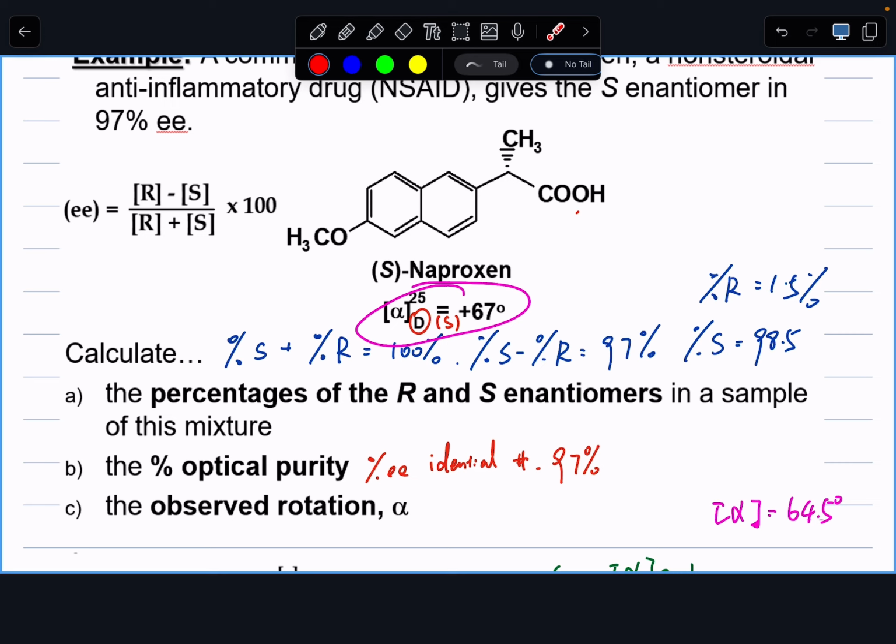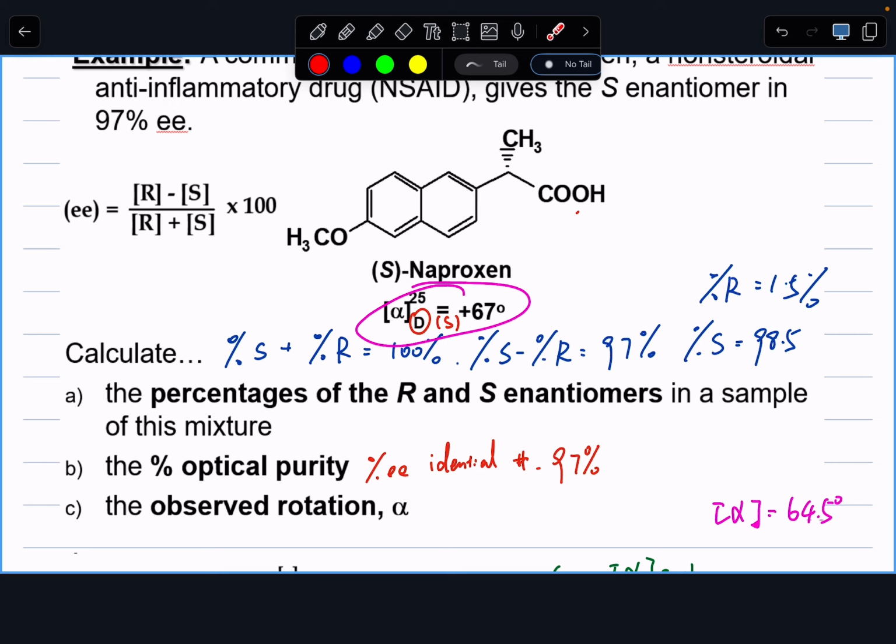So your percentage EE: on the top, you have the major isomer minus the minor isomer. On the bottom, you have your major isomer plus your minor isomer.